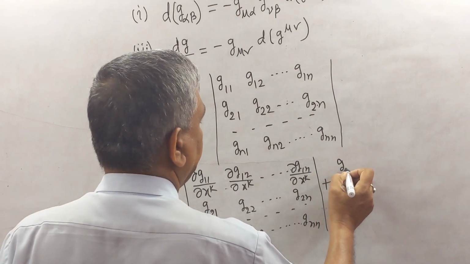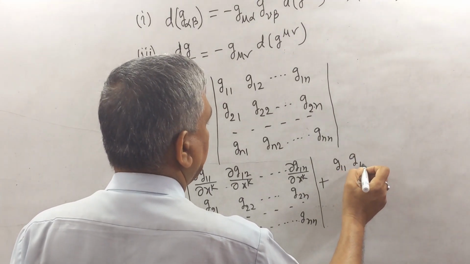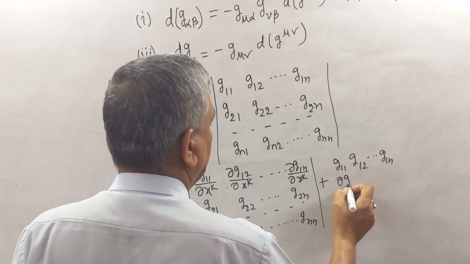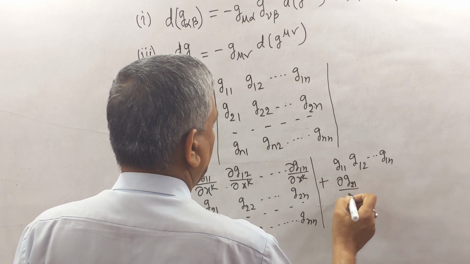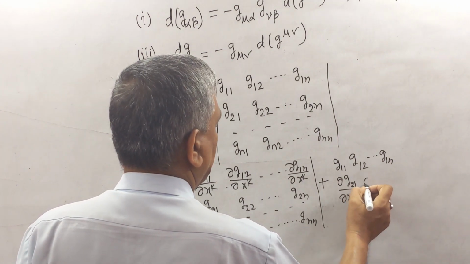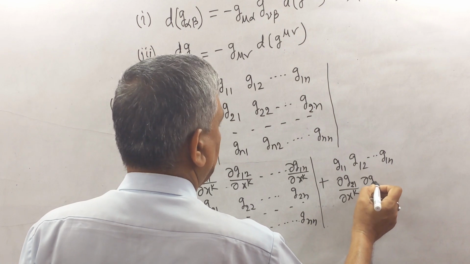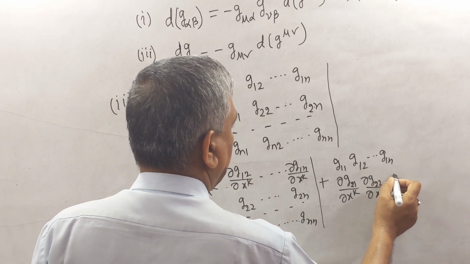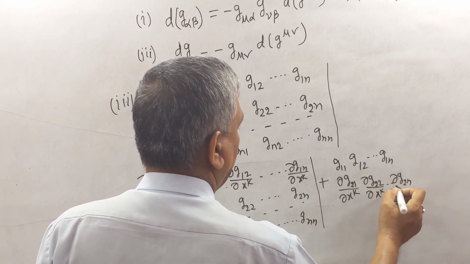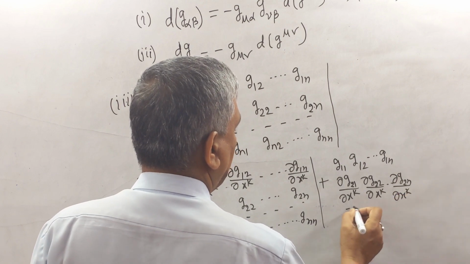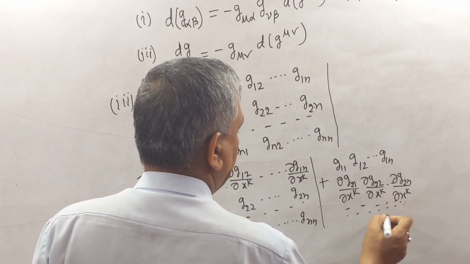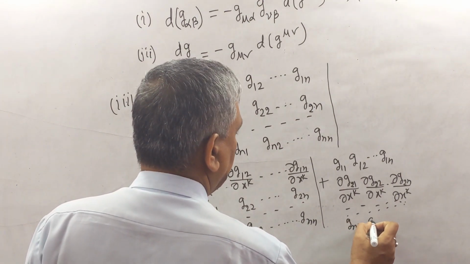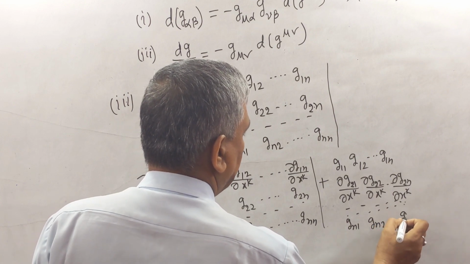First row remains same, g11 g12 g1n, del g21 by del xk, del g22 by del xk, dot dot dot del g2n by del xk. Other rows remain same, gn1, gn2, gnn.